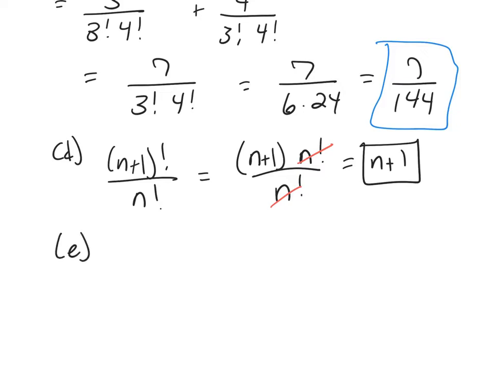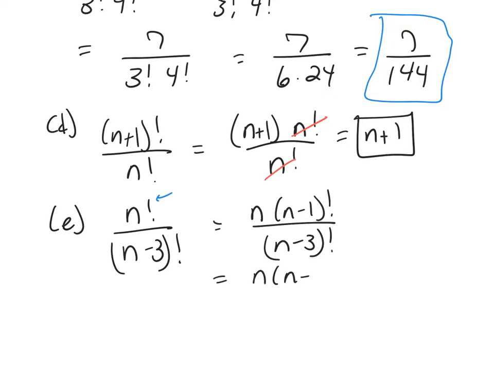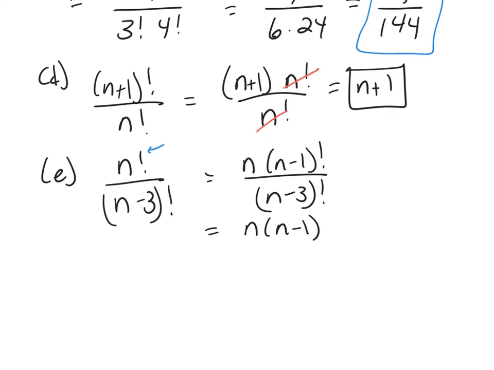Let's look at one more. Let's do n factorial over n minus 3 factorial. The larger one is in the numerator. So let's kind of repeat this idea that we did in the last one. This is n times n minus 1 factorial. The factorials aren't the same, so you're going to have to repeat this process where you reduce it by 1: n minus 1 times n minus 2 factorial.